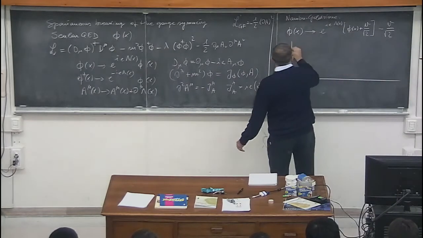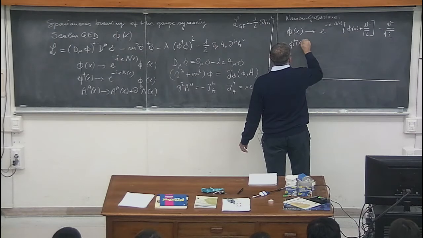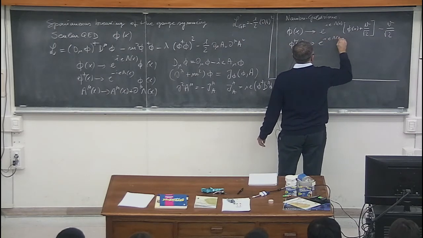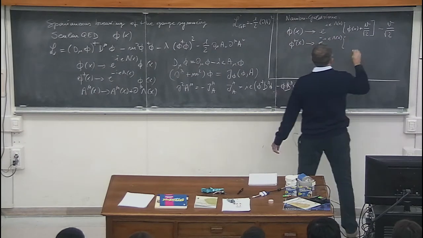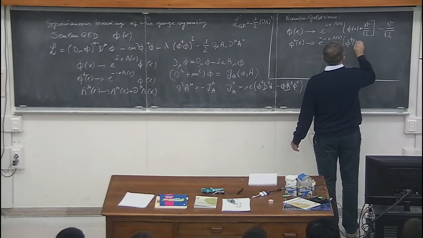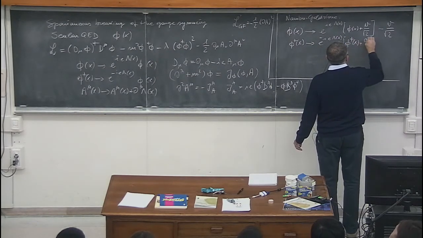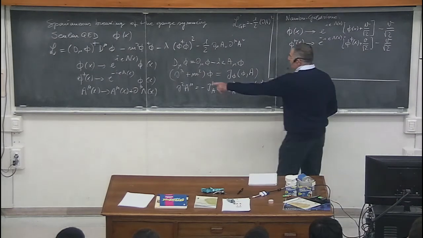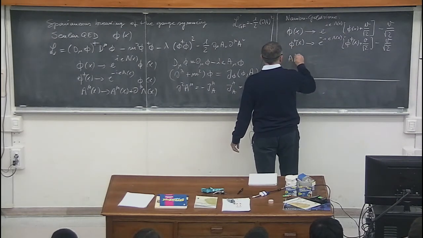Of course, φ† goes to the complex conjugate. This is a real constant. And the transformation of the vector field is unchanged.